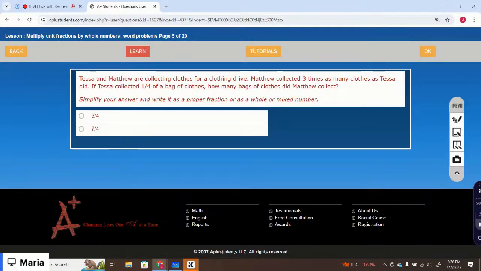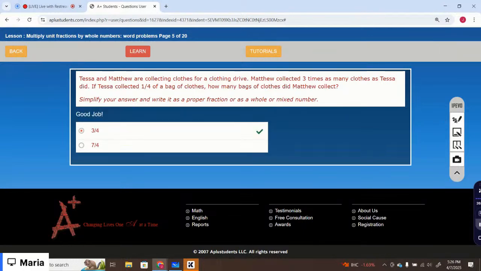That is 3 by 4. Option number 1 is the correct option. 3 by 4 it is, very good.